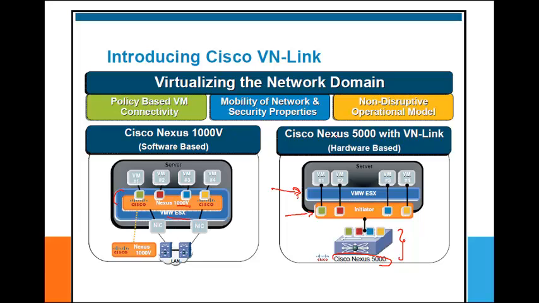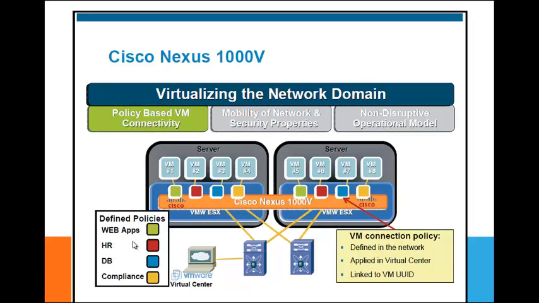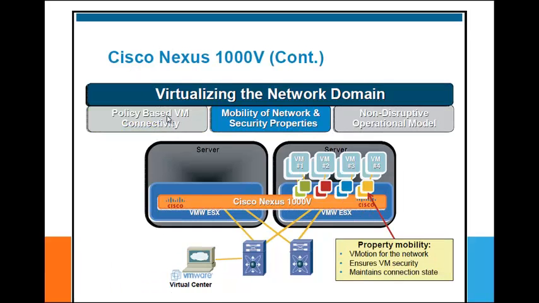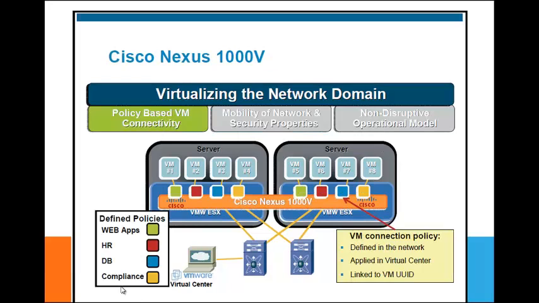So whatever the 5000 can provide, that visibility can also be given by 1000V like this instead of like this. Now we got 1000V installed in this. Let's see one by one what policy based VM connectivity means. So here this explains policy based VM connectivity.